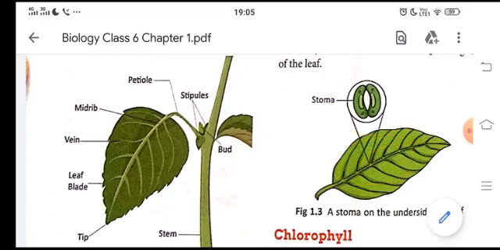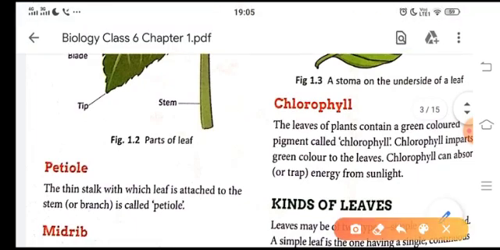The next is chlorophyll. Children, mostly leaves are green in color. Why, children? Because in leaf chlorophyll is present, and this chlorophyll is a pigment. Now this pigment's function is to impart color to the leaves and to the other parts of the plant like the fruits and the flowers.